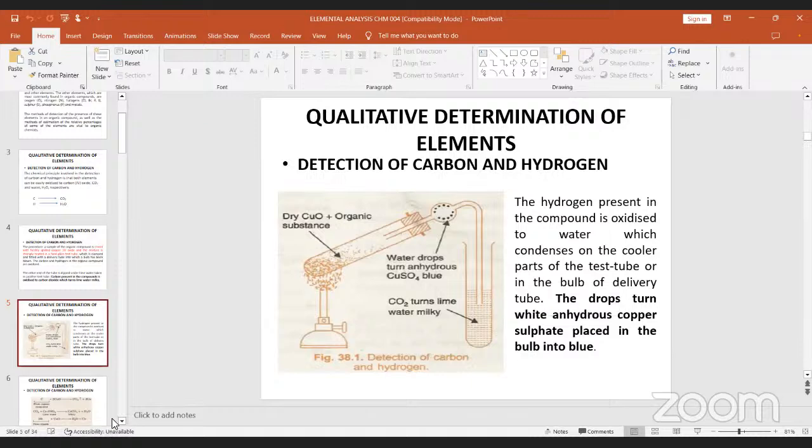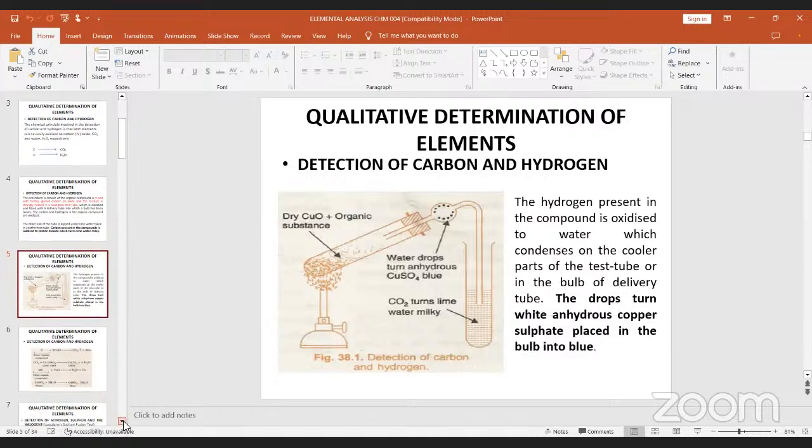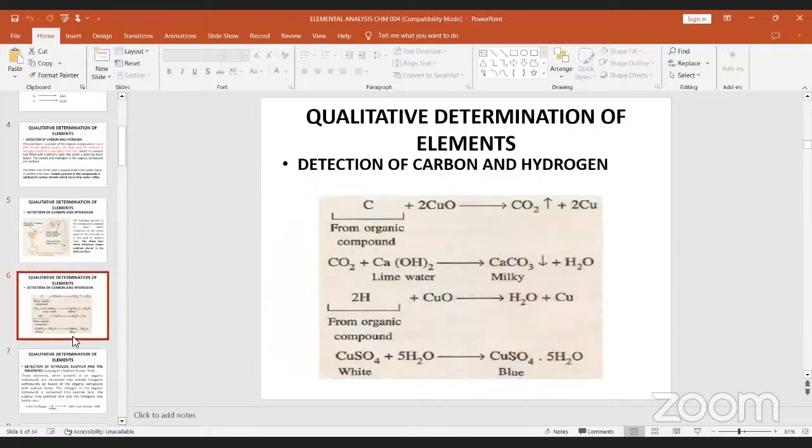So the hydrogen present in the compound is oxidized to water, which condenses on the cooler part of the bulb. But what is the chemistry behind this little experiment that you are doing? The carbon, as we said, in the presence of the copper oxide is converted to carbon dioxide, which is now trapped and collected. This is passed into calcium hydroxide and it becomes calcium carbonate deposited.